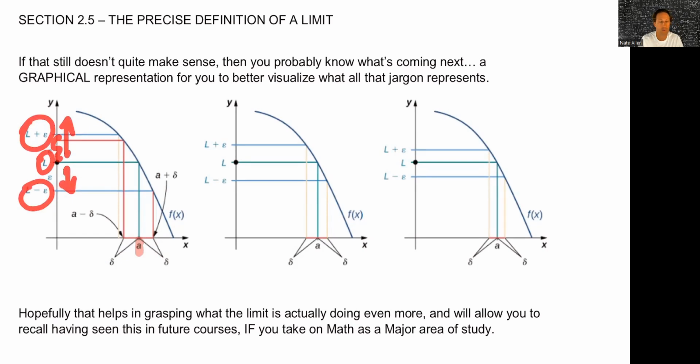Therefore, as we approach the a for our x on both sides, our y values, as that epsilon gets smaller and smaller and smaller, approach that value L. So the smaller we can make the delta, the smaller the epsilon will be, and therefore giving us our L.